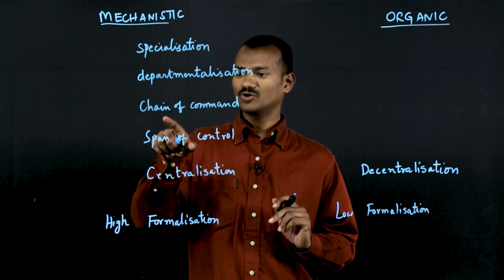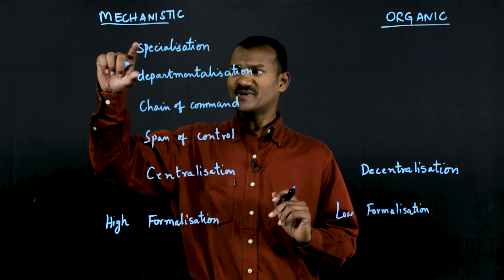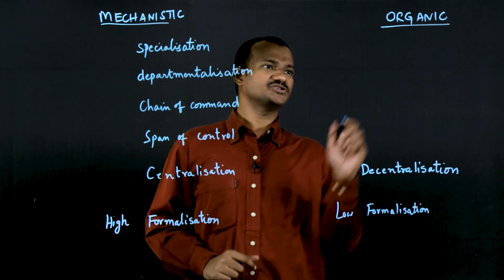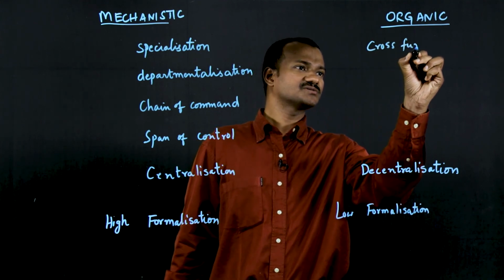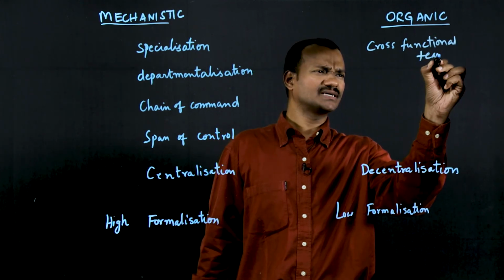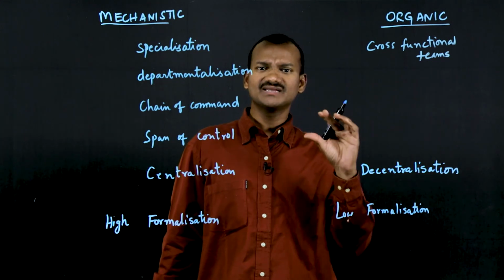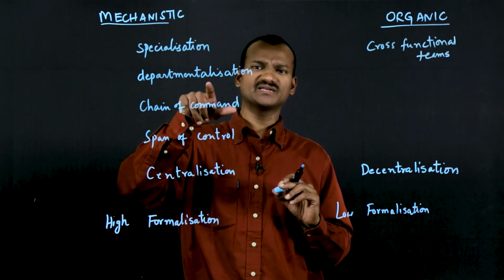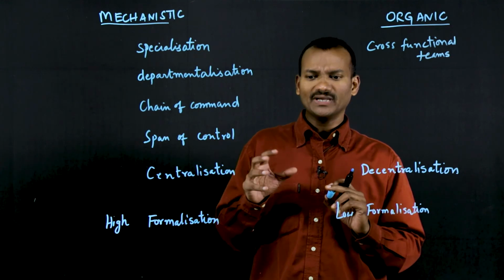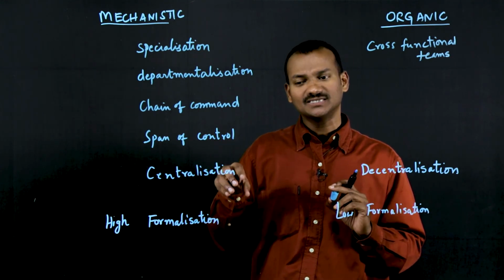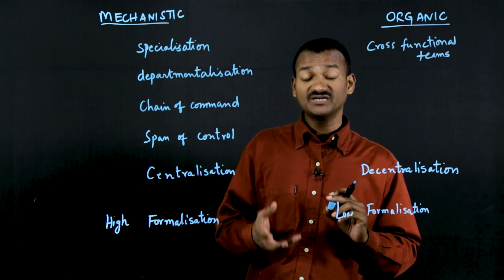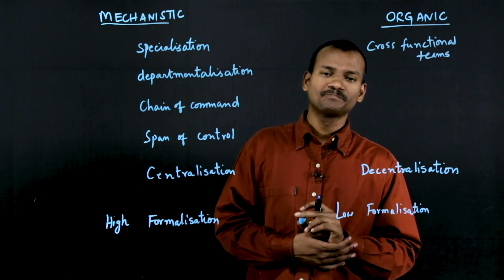Now let us talk about specialization and departmentalization. Here you have cross-functional teams. I think we have talked about the Harley-Davidson example when we were talking about departmentalization. In that, we talked about the former CEO of Harley-Davidson speaking about cross-functional teams and their importance.